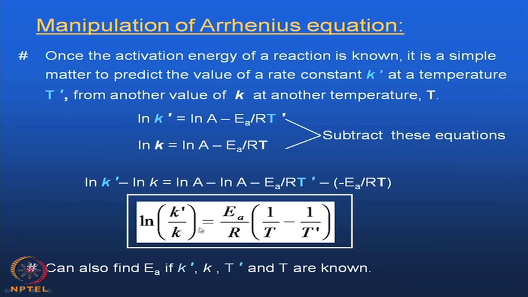If you know EA, the activation energy, you should be able to find the value of the rate constant at a different temperature from another rate constant which is known at another temperature. That means, if k prime is unknown and all other things are known, like EA, k, T and T prime, then you should be able to find out the activation energy.